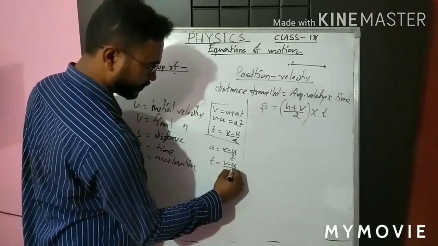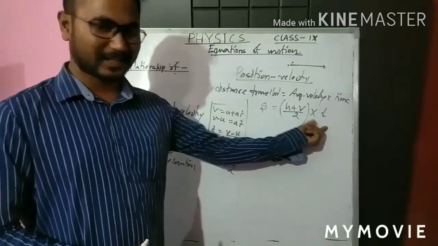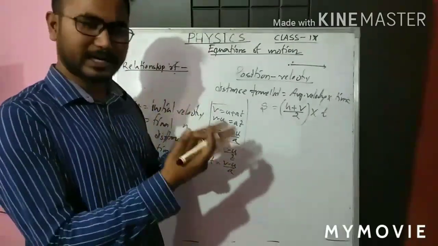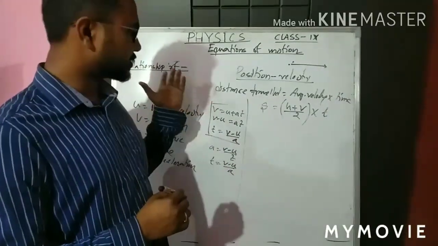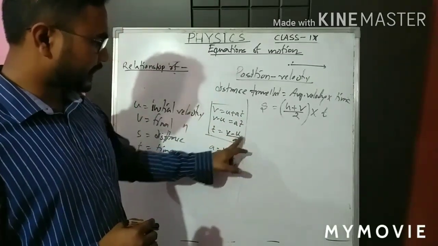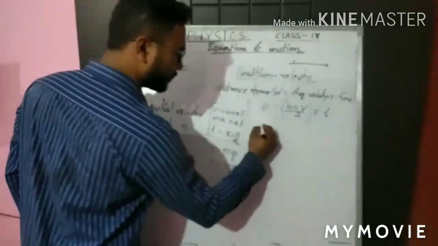So simply t is equal to (v minus u) by a. So from here you can easily replace t, right? So I think you have understood where from you will replace t. Again you can take the reference from the first equation, that is the velocity time relationship. So from here you are getting t is equal to (v minus u) by a. That thing you can easily put here.